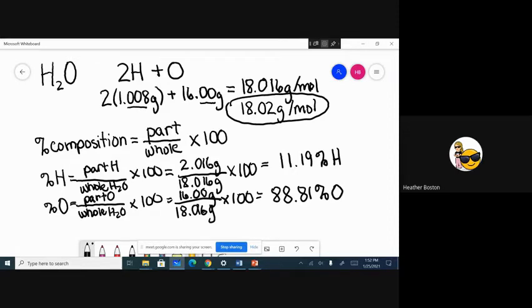Now I can check if I've made a mistake by adding up the percentages. If I've not made a mistake, what should those percentages add up to? 100. And in this case, it adds up to exactly 100%. So we're good to go. You guys have probably been doing percents and stuff like this in math class for forever, right?